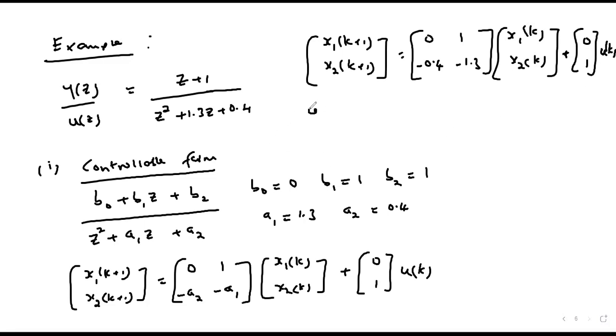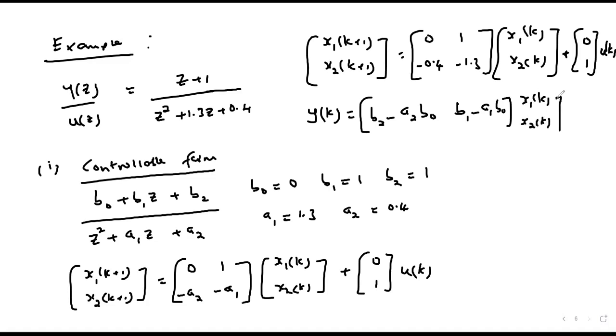The output equation y of k is defined by B2 minus A2 B0, B1 minus A1 B0 into x1 of k, x2 of k, plus B0 u of k.